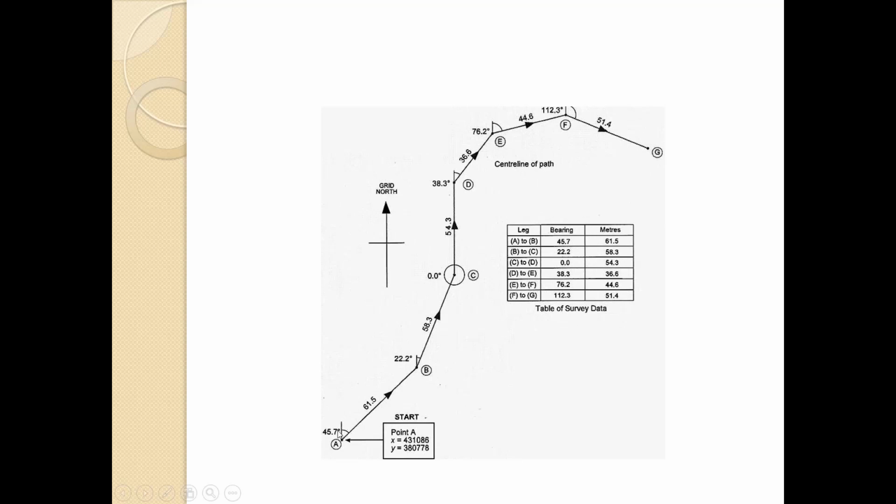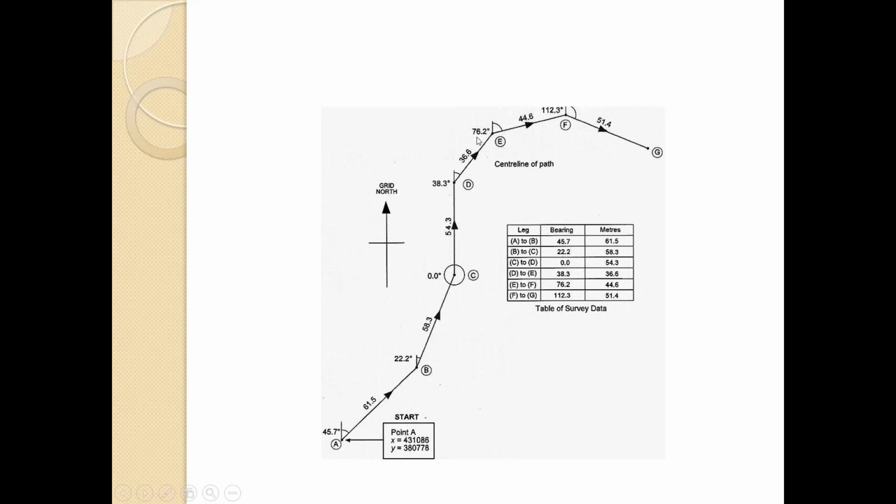Here you can see we have the distances of these particular lines. Line AB is making an angle with the north of 45.7, then BC is making an angle with the north of 22.2, and CD is making an angle with the north of 0. Here you can see the DE line is making an angle with the north of 38.3.